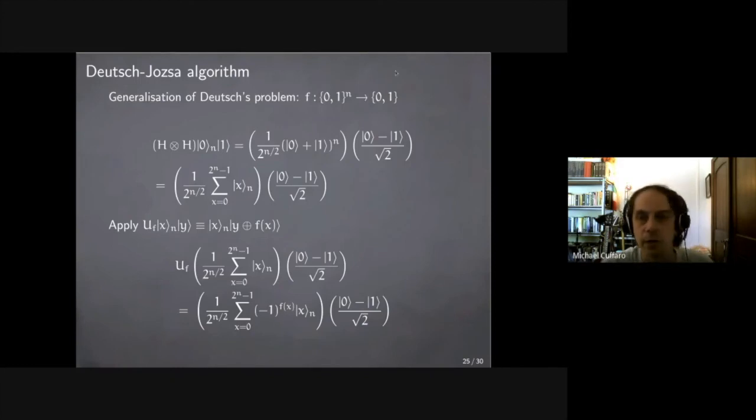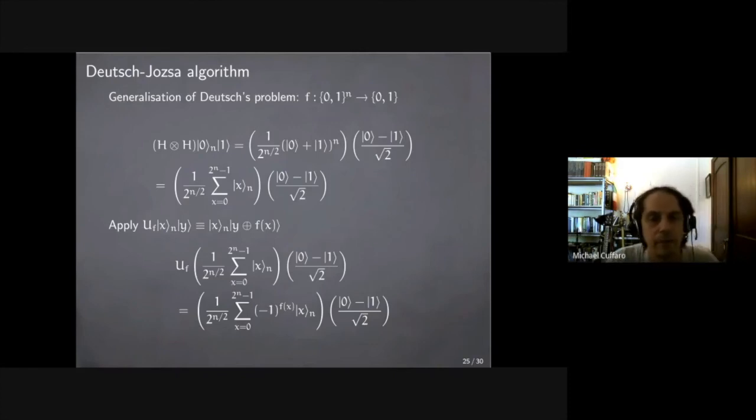Whereas in Deutsch's problem we want to go from {0,1} to {0,1}, in the Deutsch-Jozsa problem our domain is bit strings of length n, and we have a function that takes bit strings of length n to a single bit. And again, we ask the same question: is this function constant or balanced?